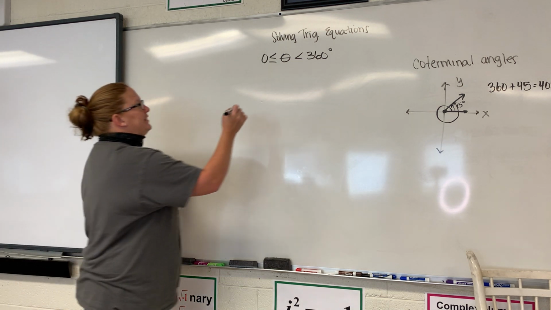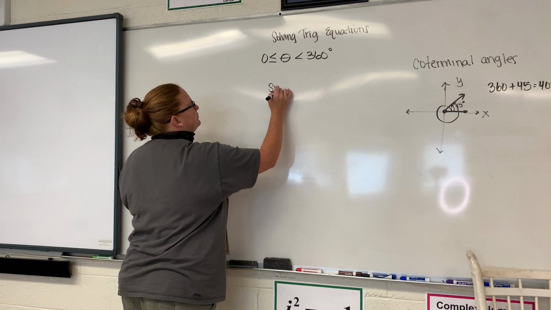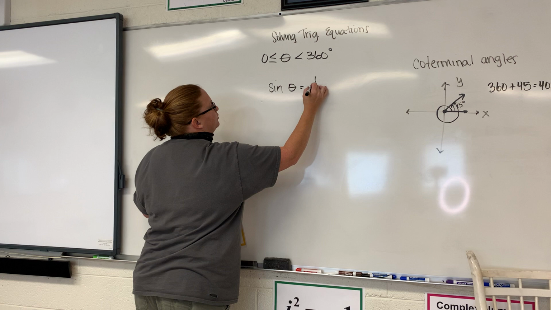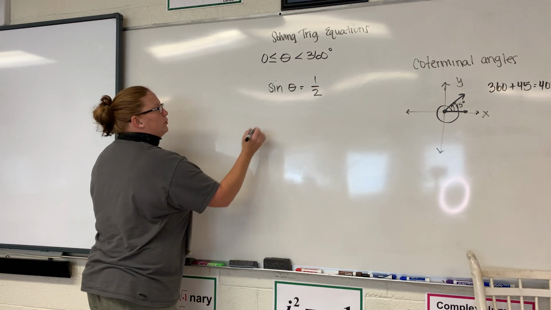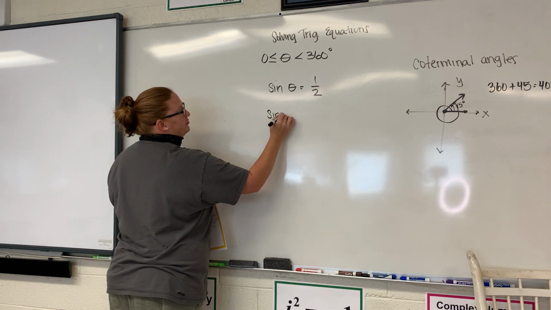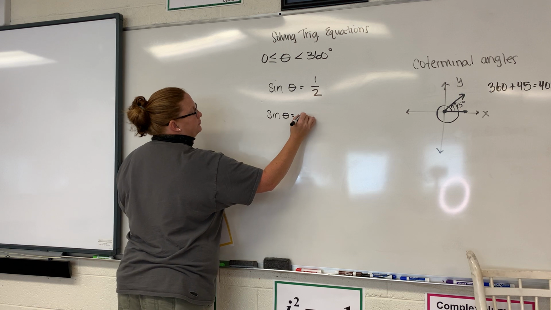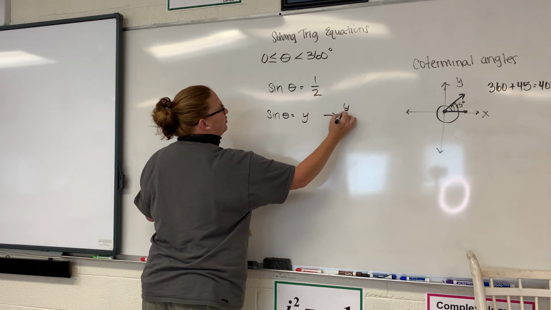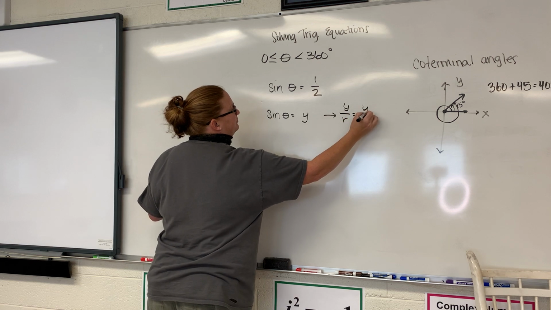So if I say sine of theta is 1/2, what is sine again on our unit circle? It's just y. Now remember, it is y over r, but r is equal to what?